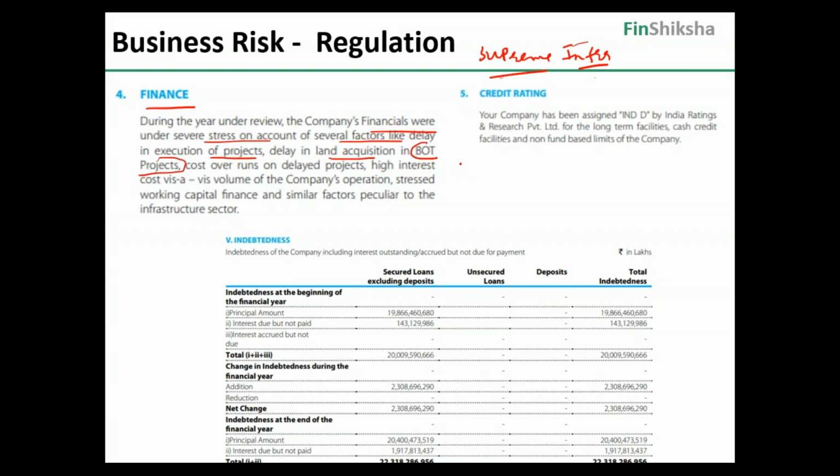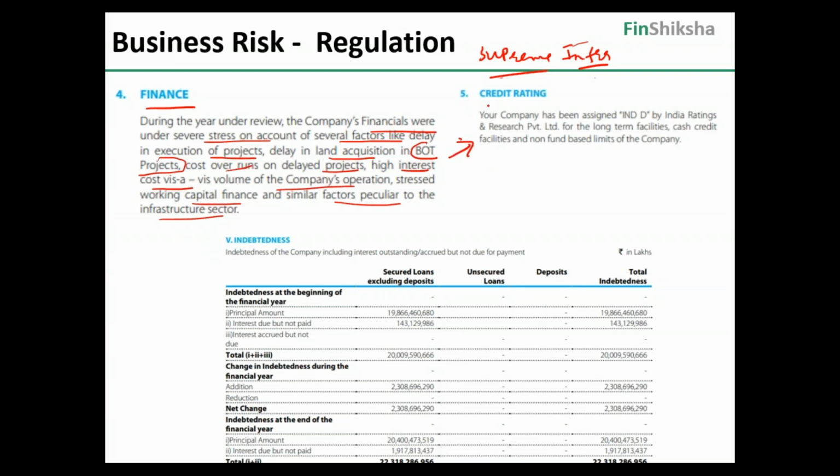I'm not getting into the model part of it, how the business actually runs. Cost overruns on delayed projects because they have to pay the salaries and everything. High interest cost because they will keep on defaulting vis-a-vis the volume of the company's operations, stressed working capital finance, and similar factors peculiar to infrastructure, and that comes under regulation. If you cannot manage and if you do aggressive growth, then there will be a problem for sure.